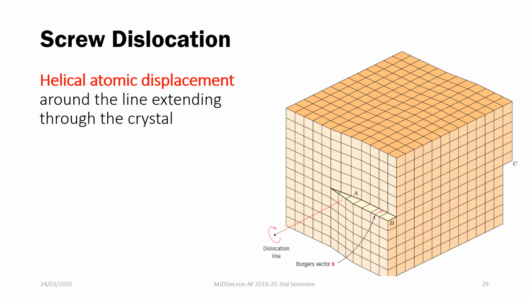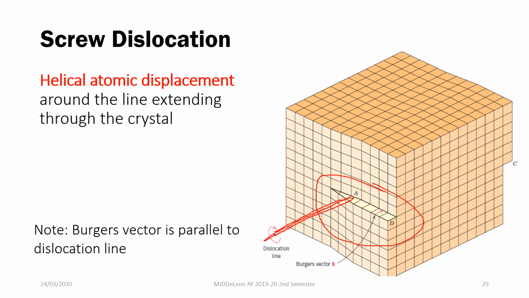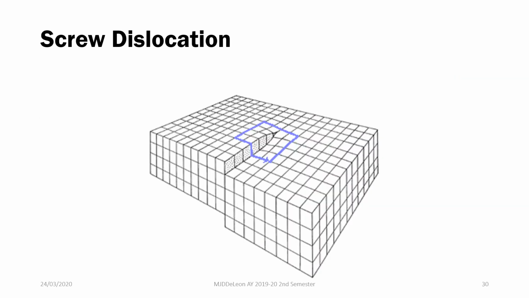Meanwhile, yung screw dislocation natin, it is as if you're shearing a half plane of our crystal. So parang twist mo siya to get this feature here. Makita natin the dislocation line would be paganto. So it is as if umikot siya along that dislocation line.